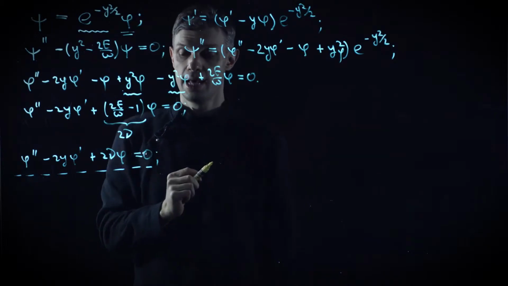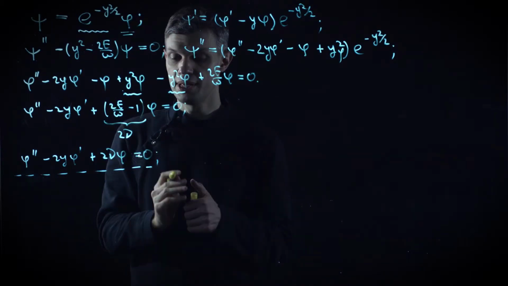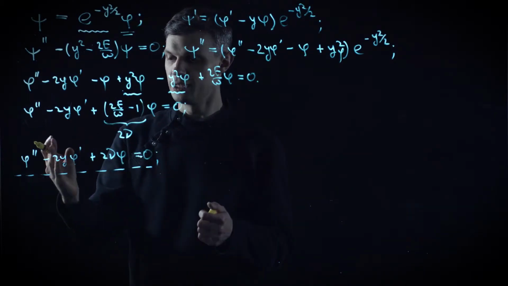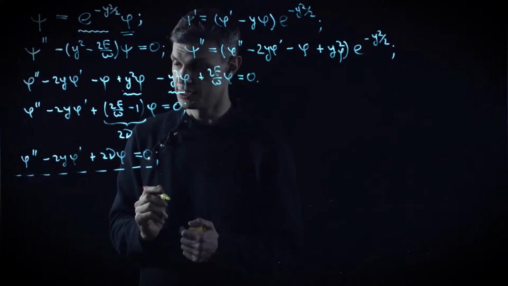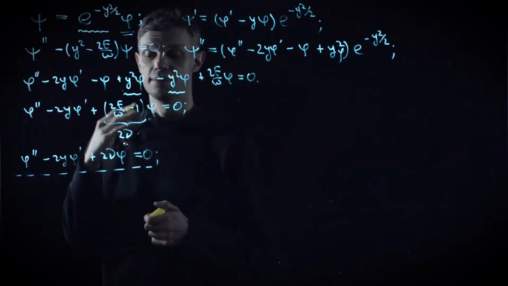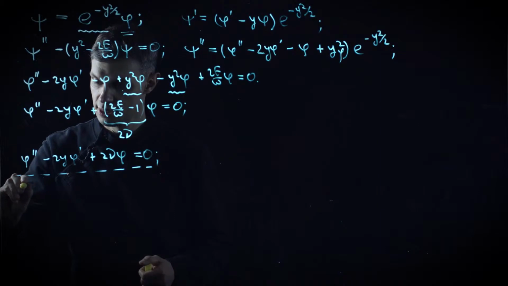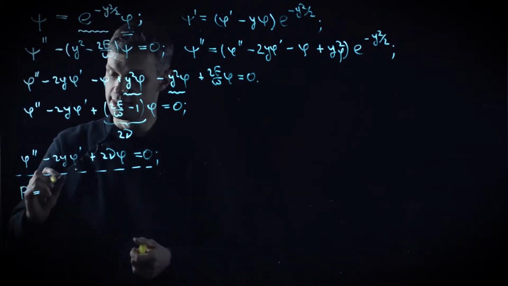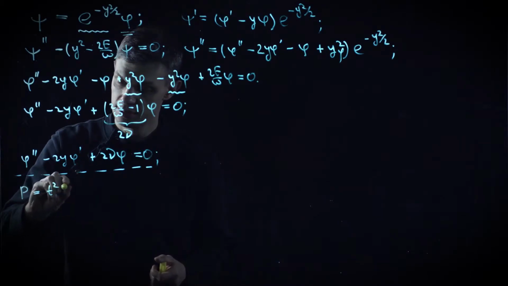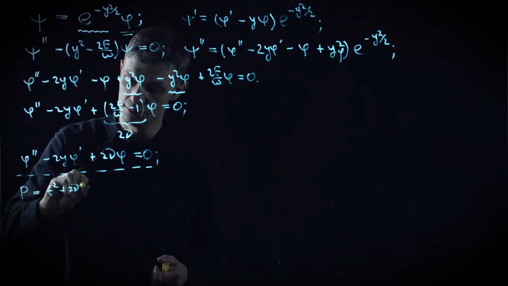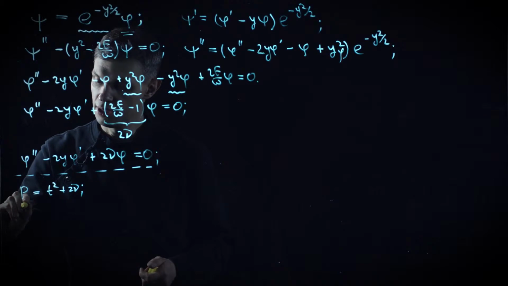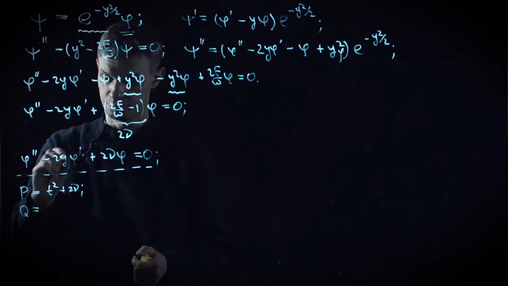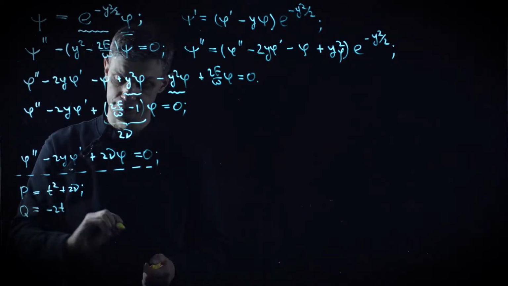So far, so good. So now let's implement our scheme for solving differential equations with linear coefficients. As you remember, we introduced these p and q polynomials. The p polynomial is, in our case, just t squared plus 2 nu. And the q polynomial is minus 2t.